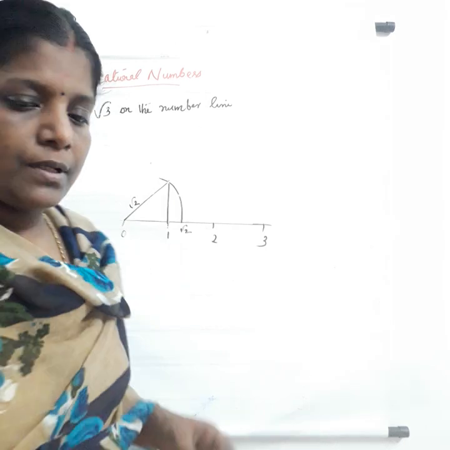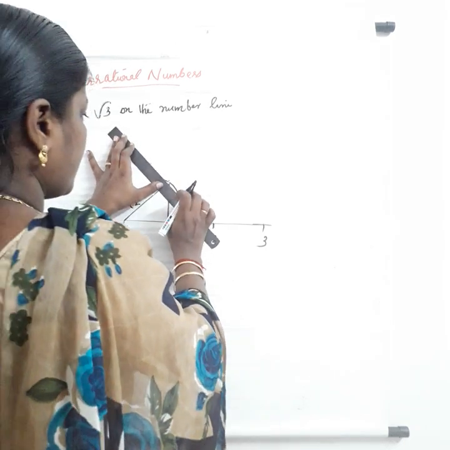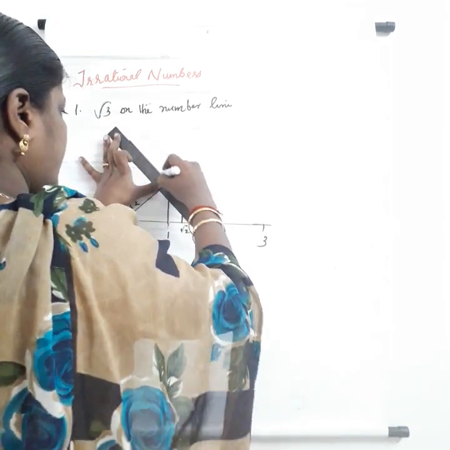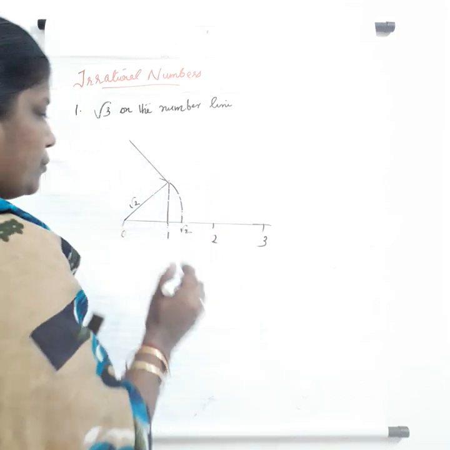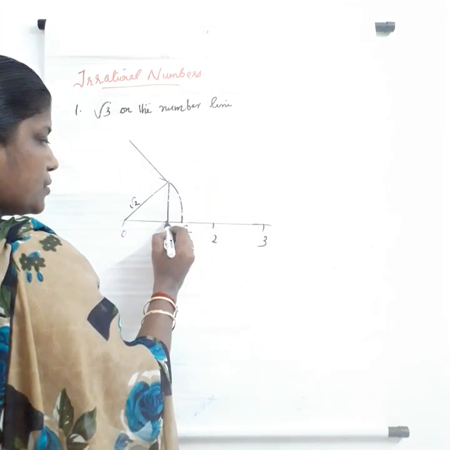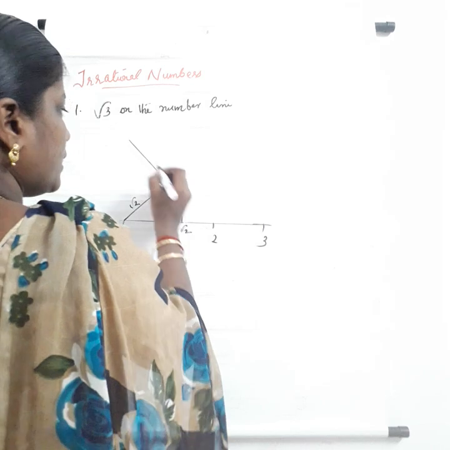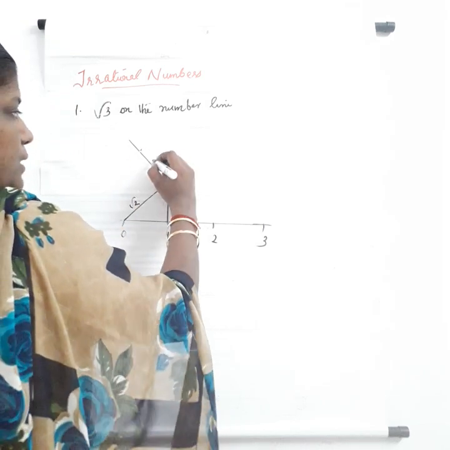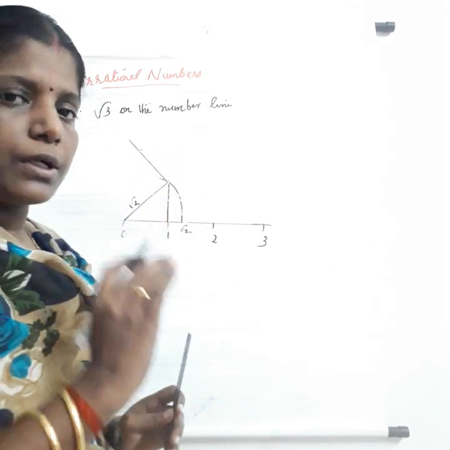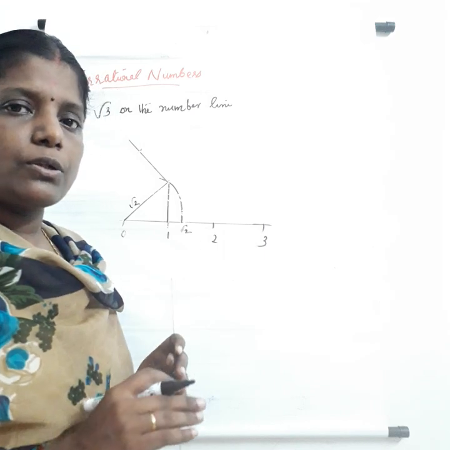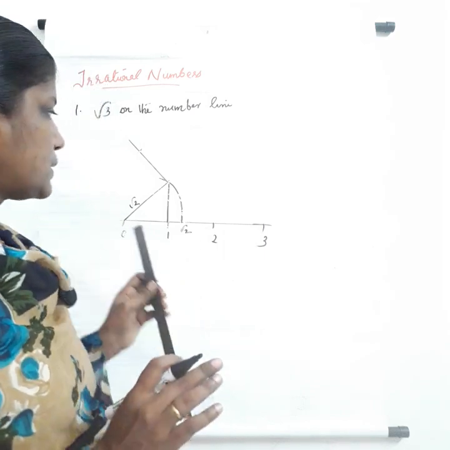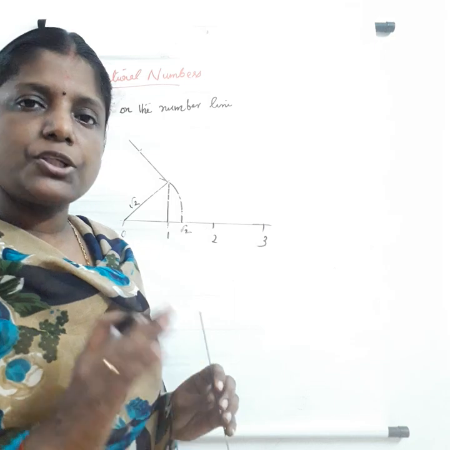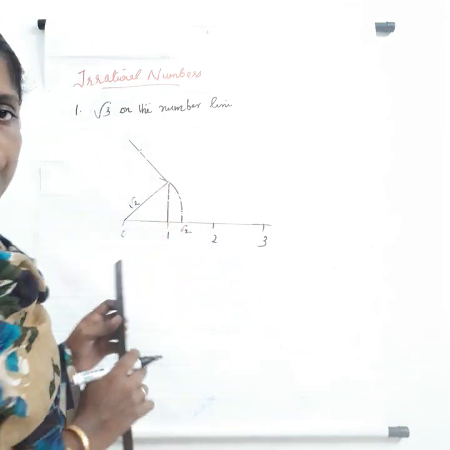Then you extend this line like this. I told you we are taking 2 units here, so you can take 2 units here also. It is 2 units, but we are writing 1 unit only. You can take 1 unit also, there is no problem, but the picture is very clear when you are taking 2 units.